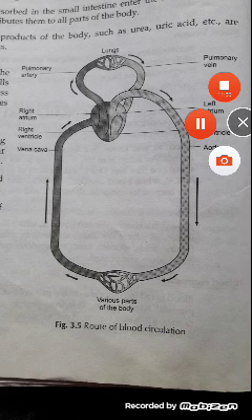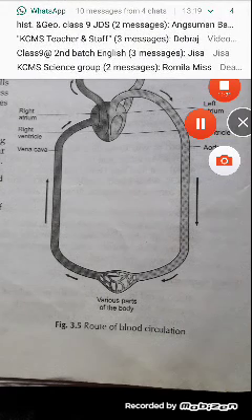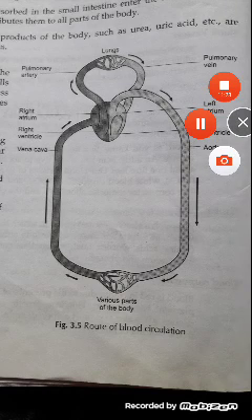But due to the presence of fluid, the friction is reduced remarkably, and so no harm takes place due to continuous contraction and relaxation of the heart.